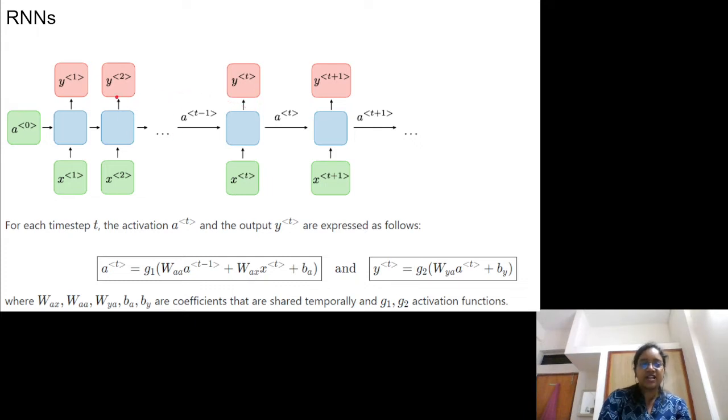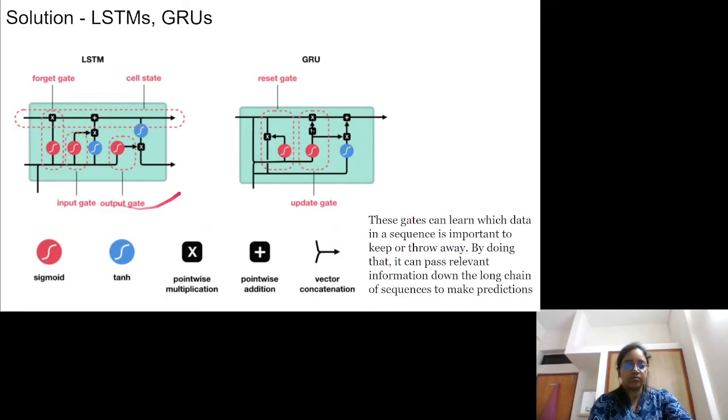But suppose there is some x5 which is not required for x20, so that information is thrown away at this stage. So that is how the problem of forgetting is solved, right?